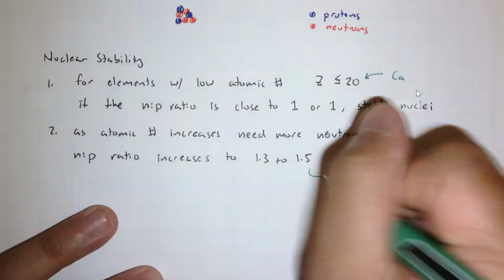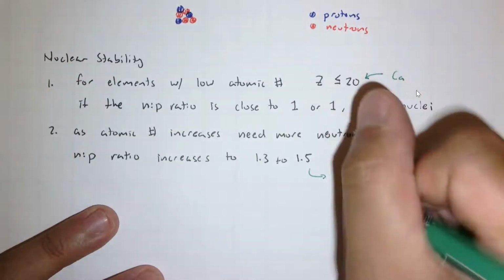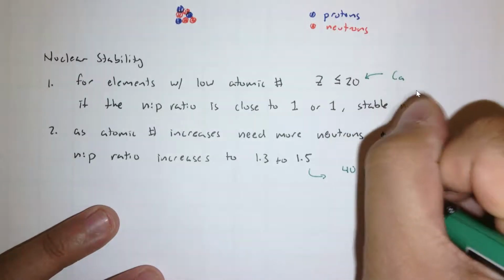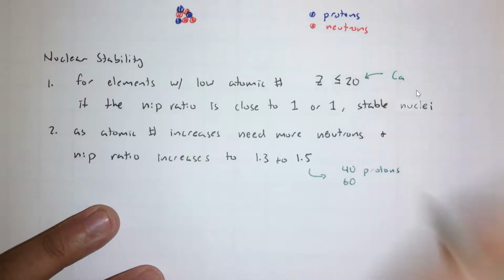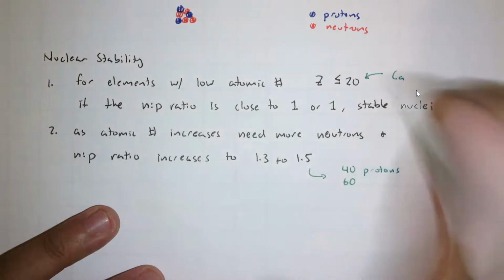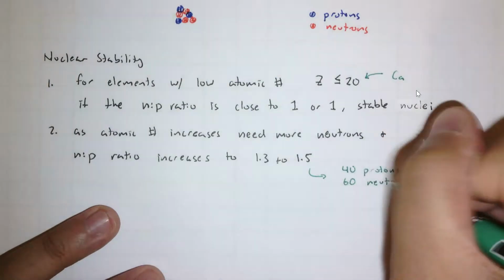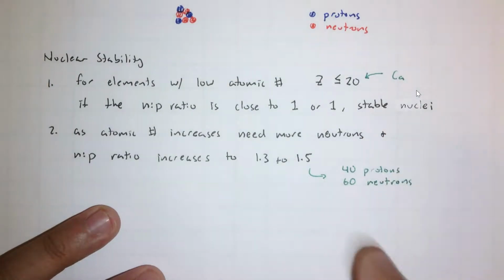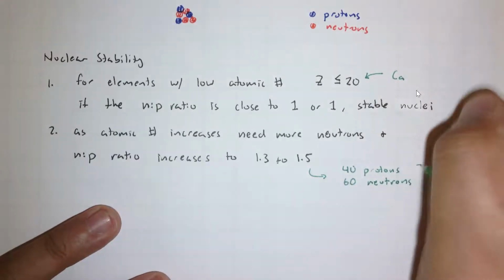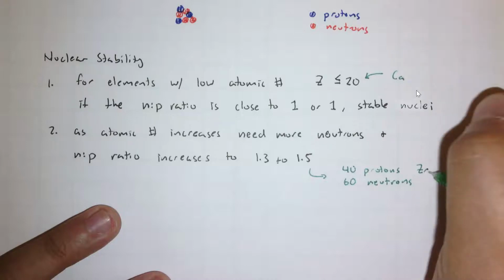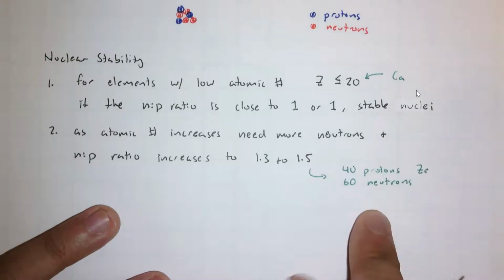So let's give an example of that. If you have 40 protons and your ratio is 1.5, that will give you 60 neutrons. You just multiply 40 times 1.5. This 40 protons is zirconium. You would expect this isotope to be stable.